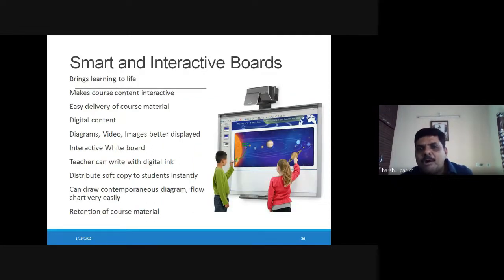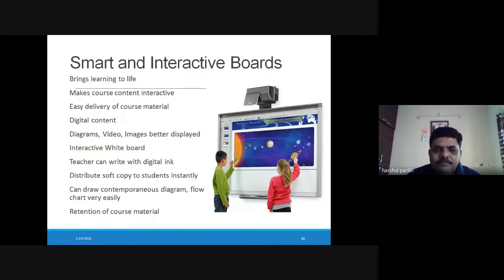We know smart boards and interactive boards, which give diagrams, video, images. We call it a visual teaching learning process, and visual methods are more helpful than only audio.